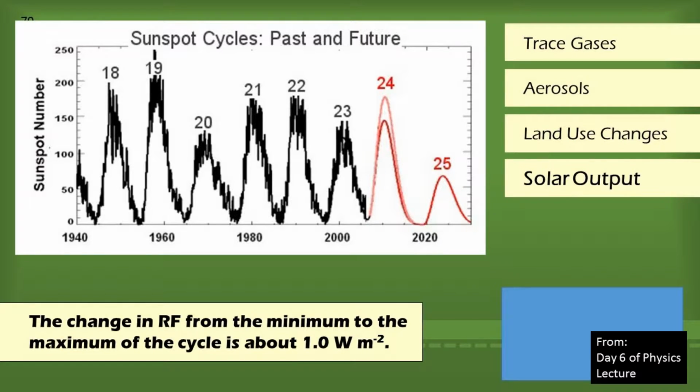But there are long-term trends in solar output that are on the order of billions of years as the sun goes through the normal stages of life of a main sequence star, and relatively poorly understood century-long changes associated with grand solar maxima and things like that.